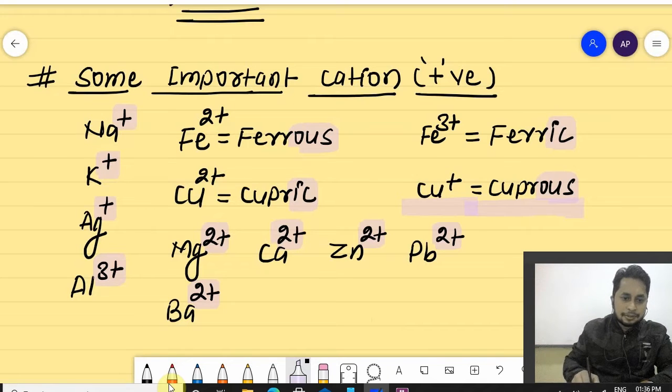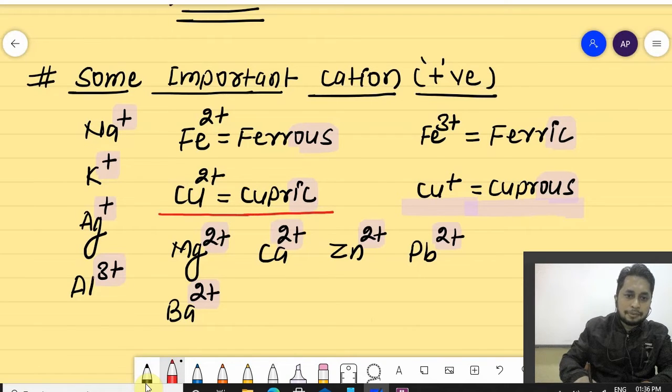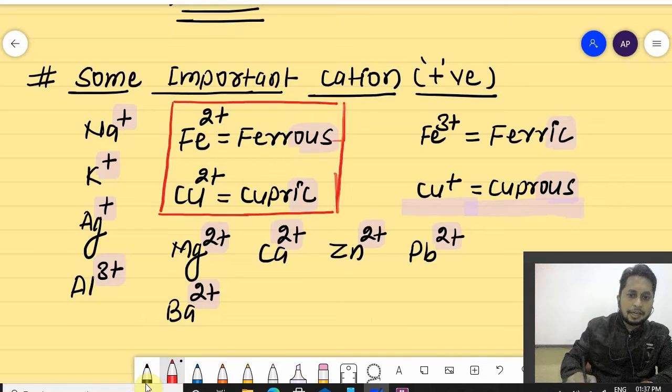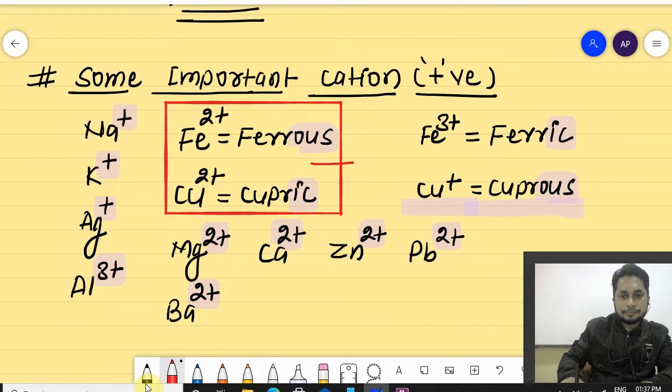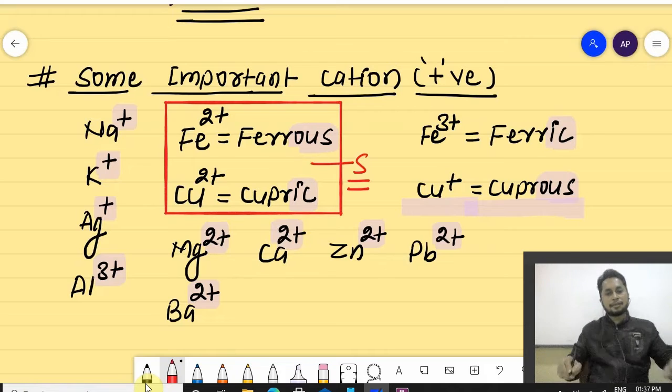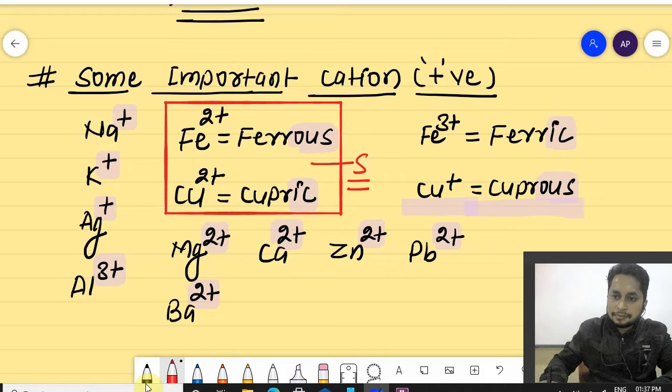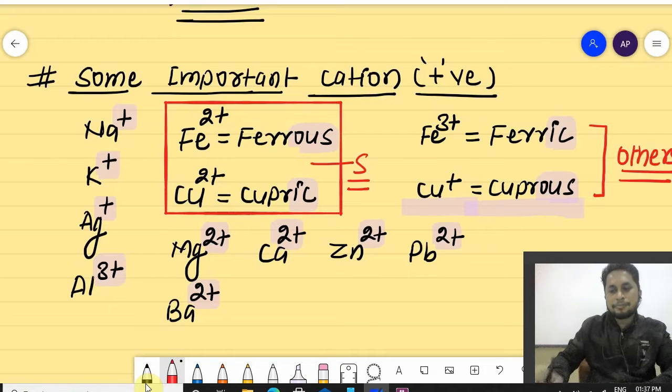Only with the sulfur group, the anions containing sulfur, the iron and copper will exist in double plus condition. In the rest of the conditions, with others, they exist in their odd oxidation, odd charge condition.